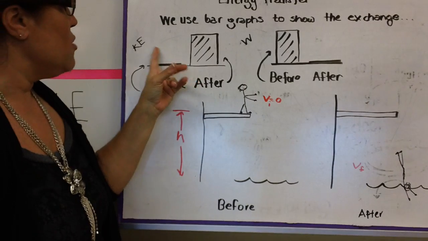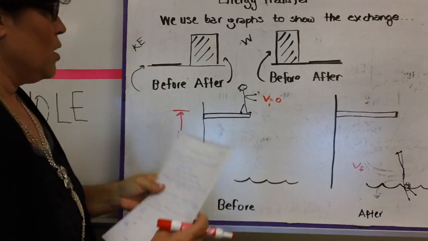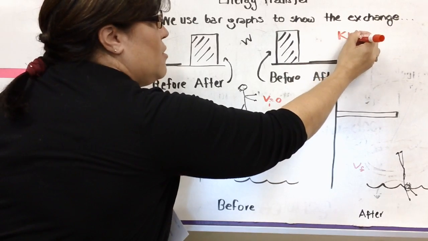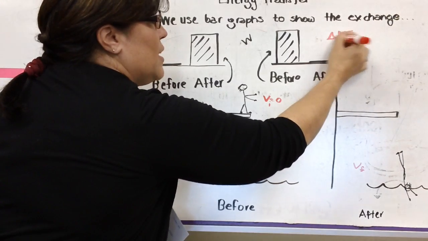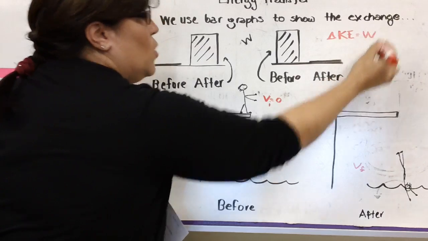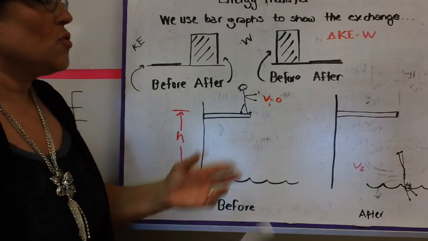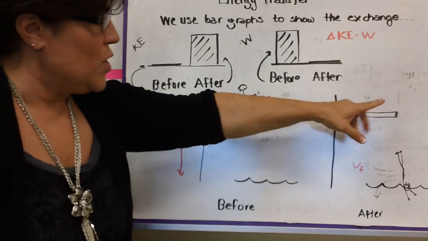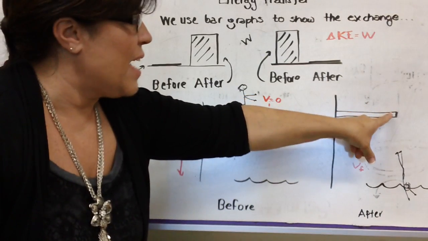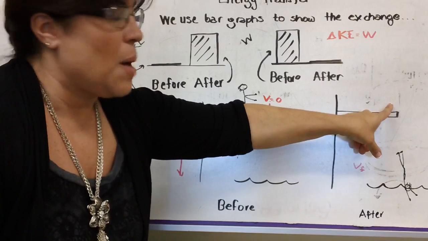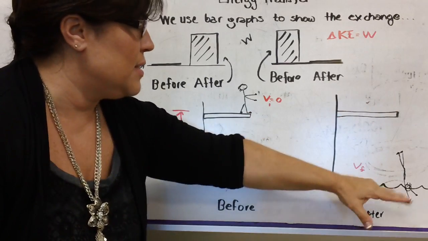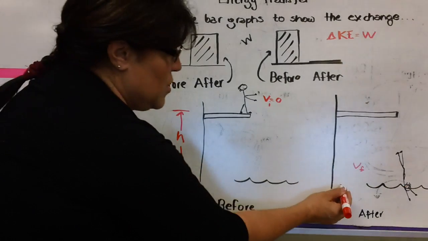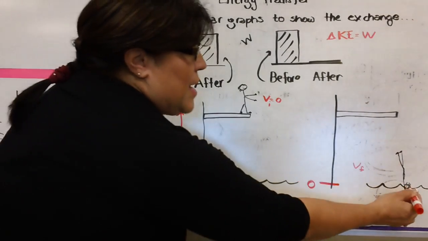Well, now there's a relationship between kinetic energy and work, and we talked about this a couple slides ago, but the change in the kinetic energy equals the work. Okay, and we also know that work is the force times the distance. So over here, he has a lot of ability to do work because he's up here. It's the force times the distance. And at the bottom, when there is no distance, remember this is our 0 point right here. He has no distance.